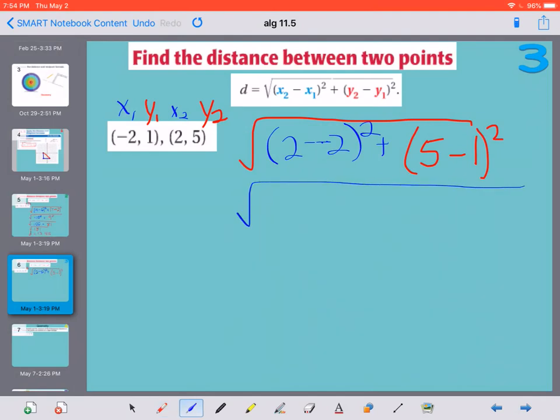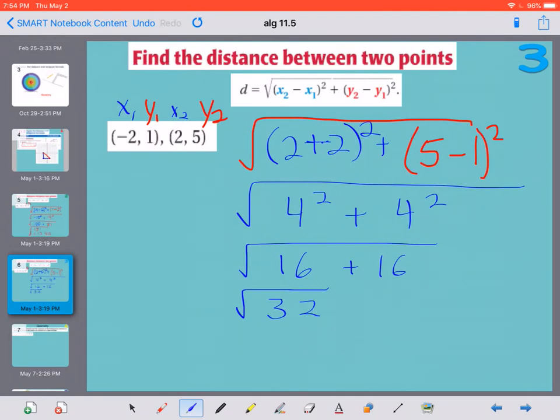So the square root of 2 minus a negative 2 becomes 2 plus 2, so it's 4 squared, plus 5 minus 1 squared is also 4 squared. So 16 plus 16, we get the square root of 32.